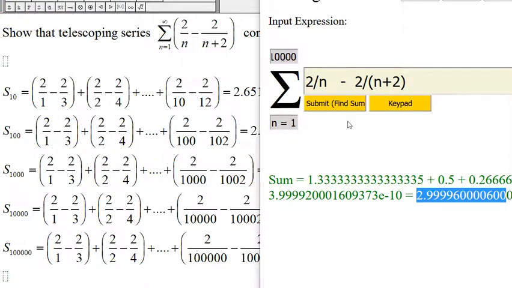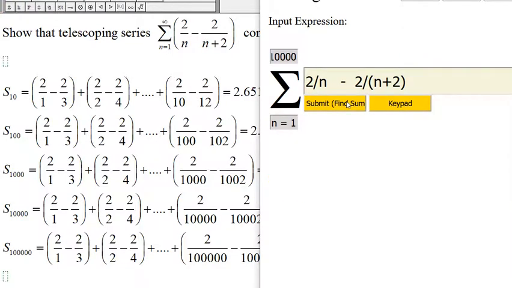And we can see right here, this is 100,000 terms. As n gets larger and larger, we're just getting more 9s right here.